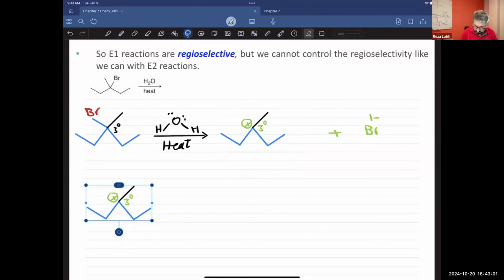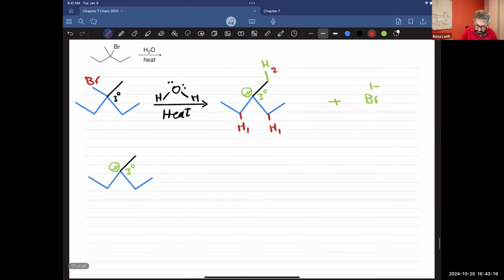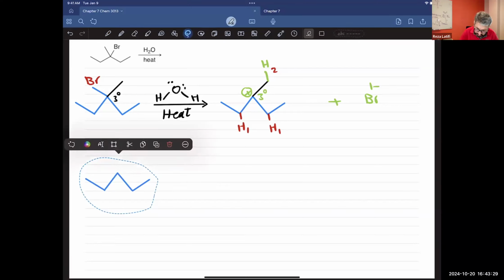And now we have two options. We have one hydrogen here, that hydrogen, and also we have two hydrogens there. And these two hydrogens are the same. So let's call this one 1, call that one 2. Now, if we remove hydrogen from number 1, we will get a product like this.